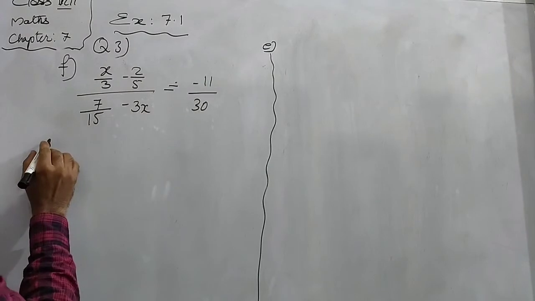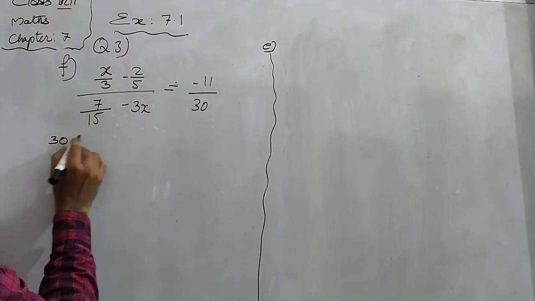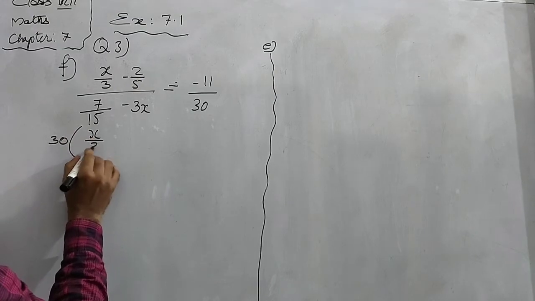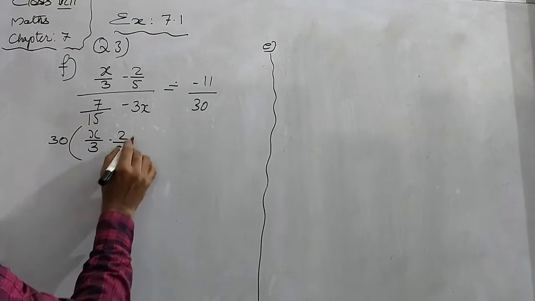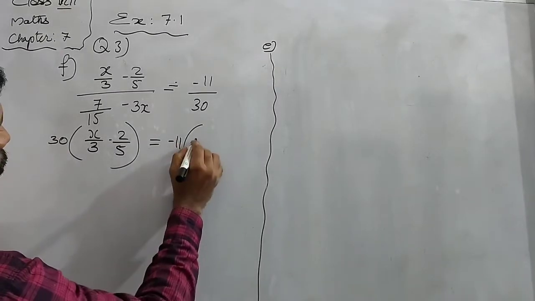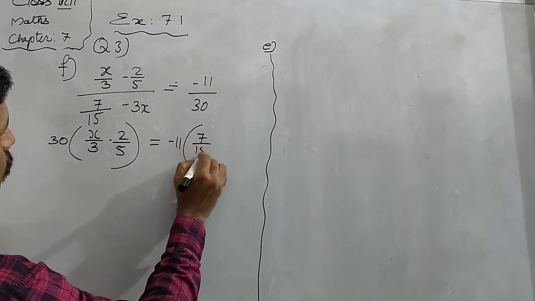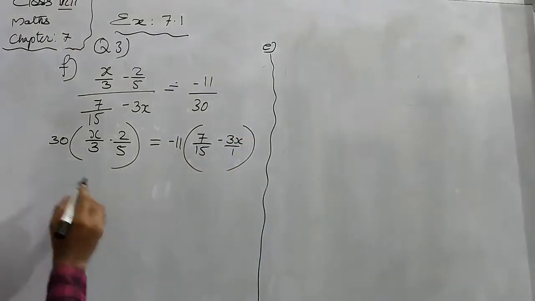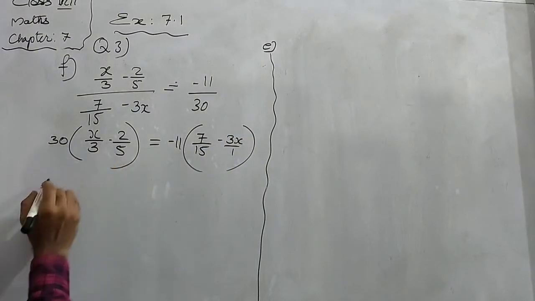So I am going to rewrite it like this: 30 into x upon 3 minus 2 upon 5 is equal to negative 11 multiplied by 7 upon 15 minus 3x. 3x means 3x by 1 we can write, no problem.